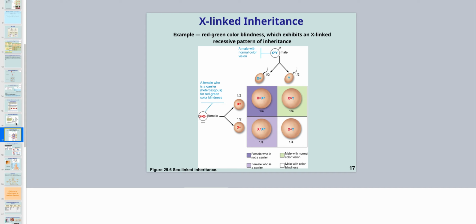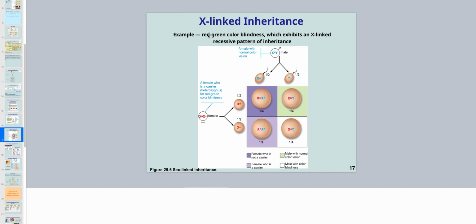So a form of sex-linked inheritance is X-linked inheritance. We don't really talk about Y-linked inheritance just because there are so few genes carried on the Y chromosome. When we talk about sex-linked inheritance, 90% of the time we're talking about X-linked inheritance.